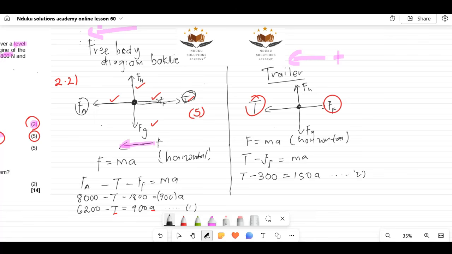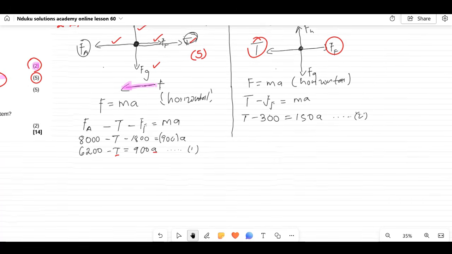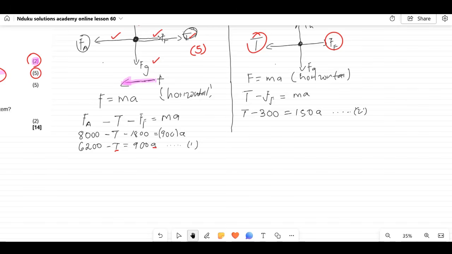So we're going to solve this simultaneously. You will remember that in mathematics. You need to make one the subject of the formula. Since T is positive, this side is easier for us to just move the 300 to the other side.